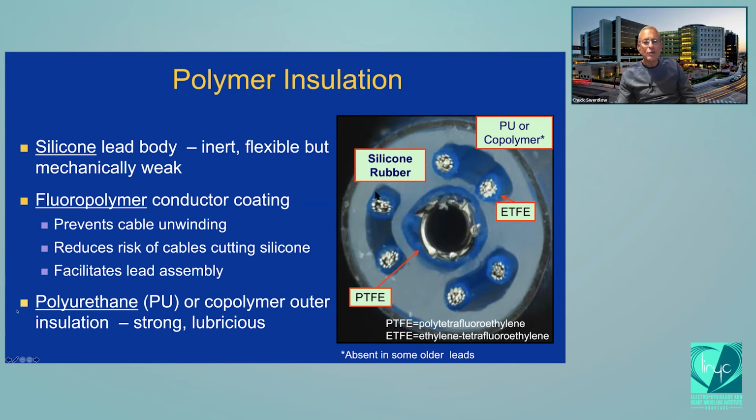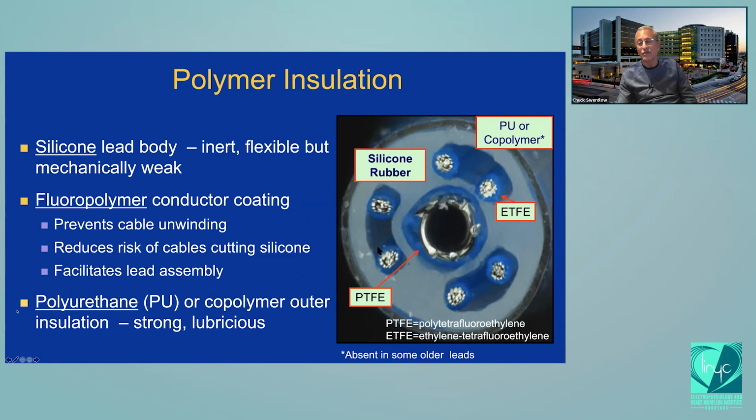There are these blue fluoropolymers. This stuff's a lot like Teflon, but it's a slightly different cousin. Ethylene tetrafluoroethylene, if you want to know what the ETFE stands for. And in this company's devices, they're blue. This prevents the cables from cutting into the soft silicone. It keeps the cables from unwinding.